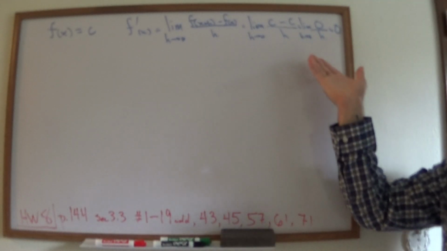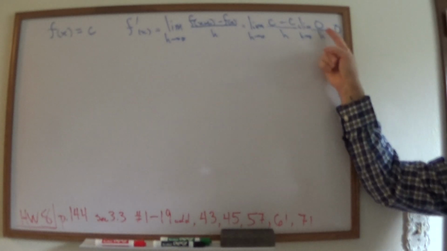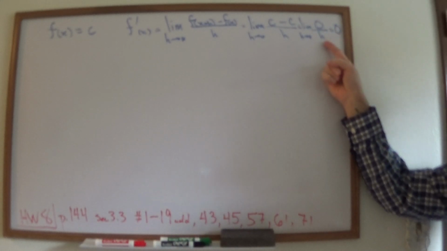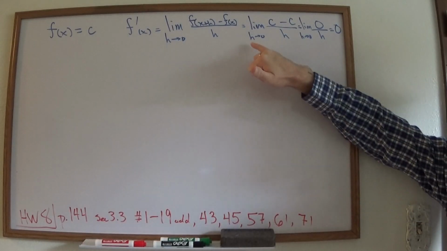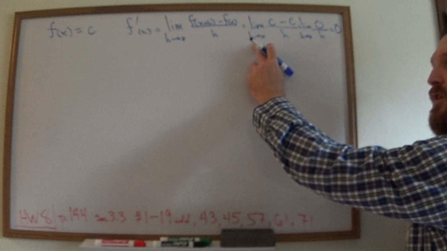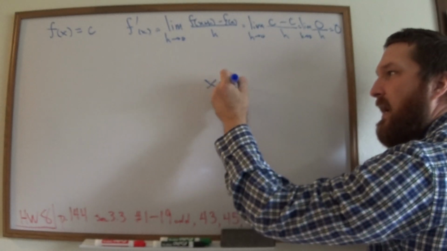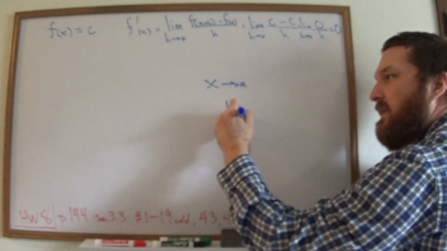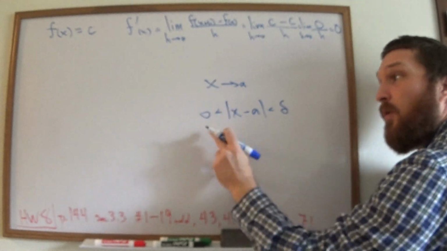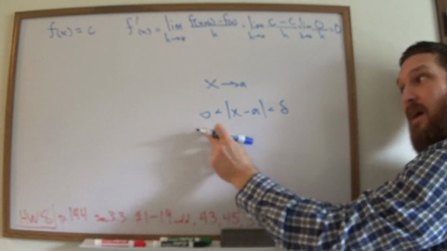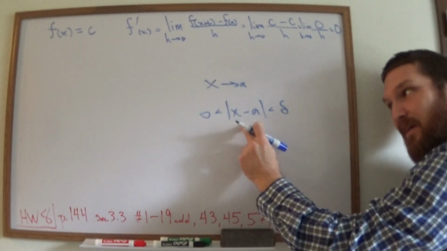Do you buy this? Right, it does make sense. H, you never actually plug in 0 for h, do you? That's the whole idea of a limit, right? Because if you think about the definition of the limit, as x goes to a, that means that the distance from x to a is less than delta, but it's also bigger than 0. So you're never actually plugging in the value.